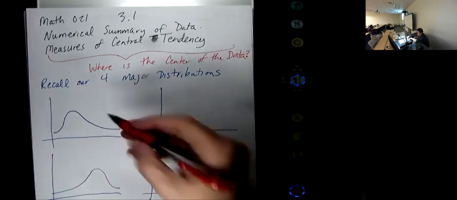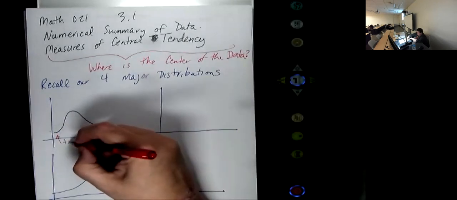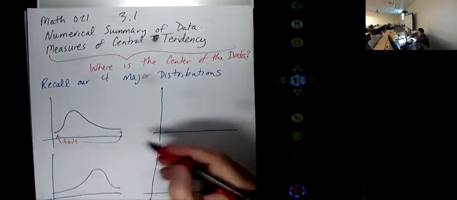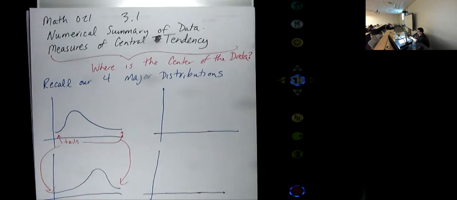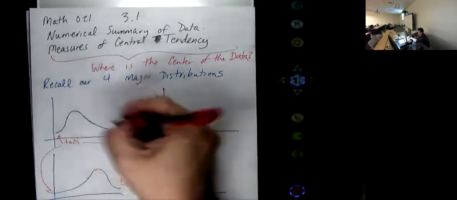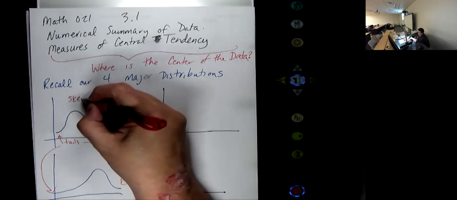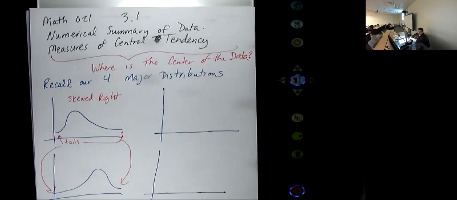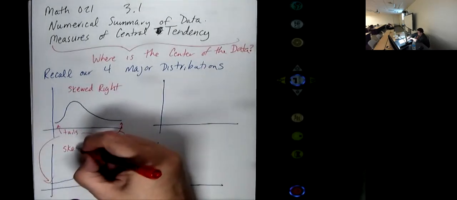We recall that the things on the bottom at the ends are called tails. So if one tail is longer than the other, we say that the data is skewed in that direction. So the tail over here is longer on the right. We call this skewed right. On the one on the lower left, it's longer on the left. We call this one skewed left.